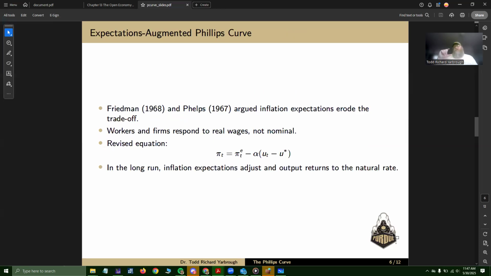But there's that theoretical distinction that starts to creep in, right? And so Milton Friedman and Phelps in the 60s argue that inflation expectations erode this trade-off, that essentially firms and consumers, if they expect inflation, adjust their behavior to the extent that in the future, the unemployment gap should not necessarily trigger any particular change in inflation.